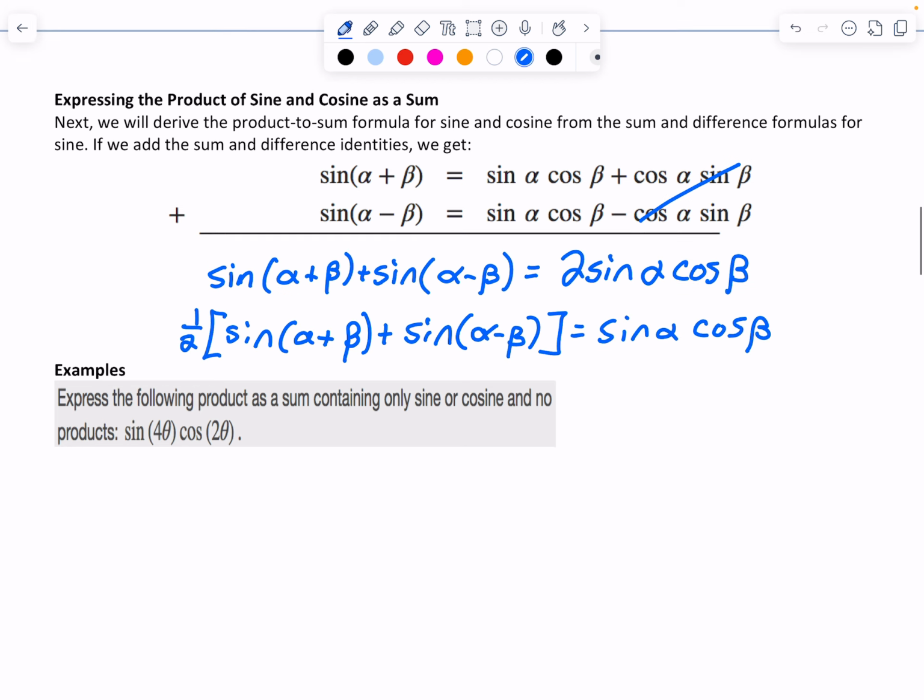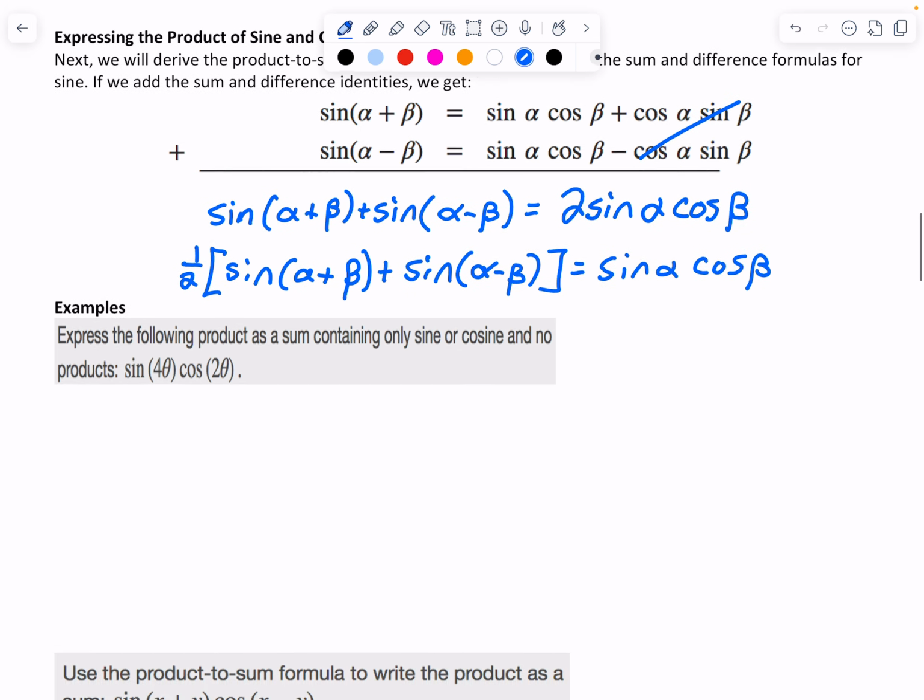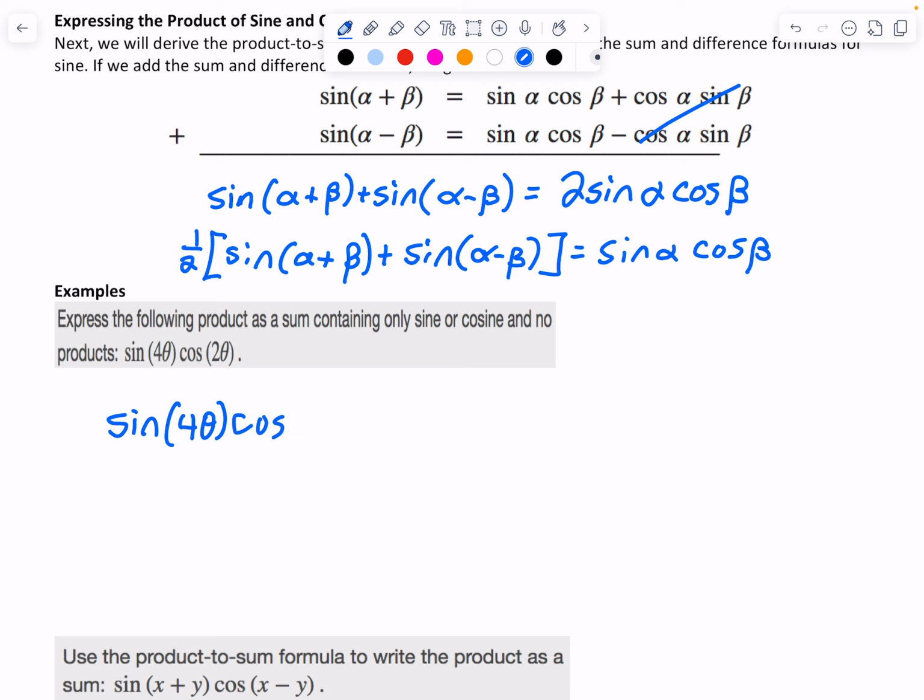All right, it says express the following product as a sum. So I've got sine 4 theta cosine 2 theta, and I'm just going to plug them into the formula. I get half times sine 6 theta plus sine, this is negative 2 theta.